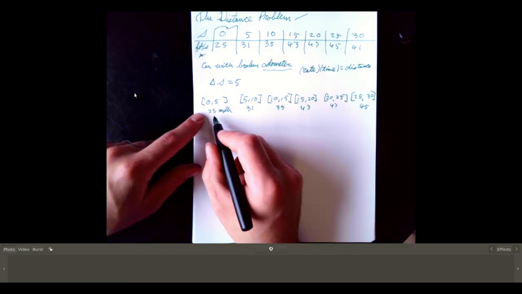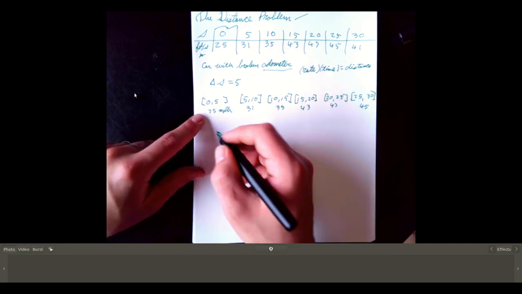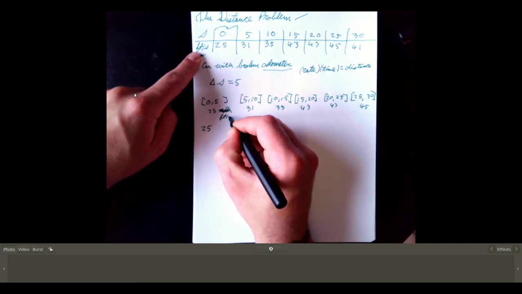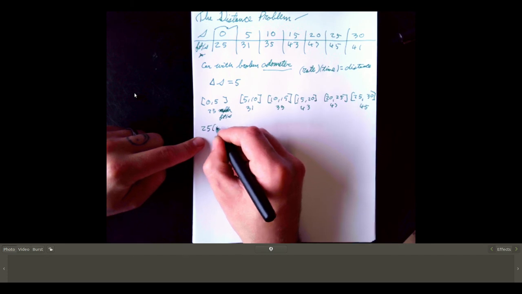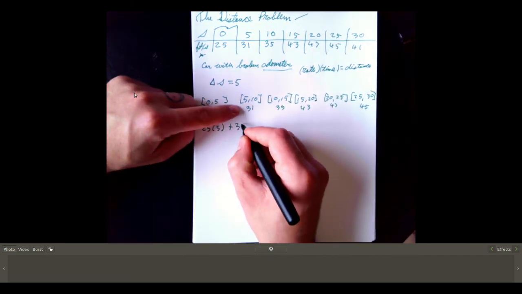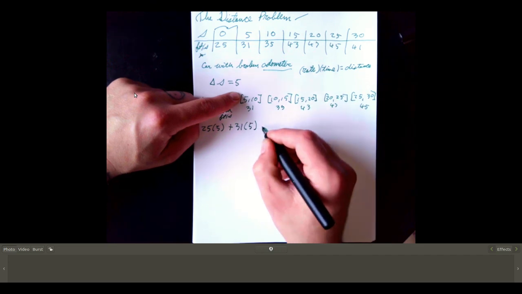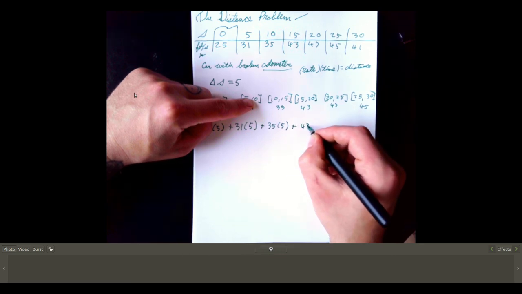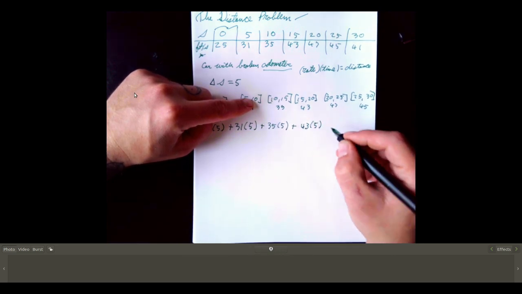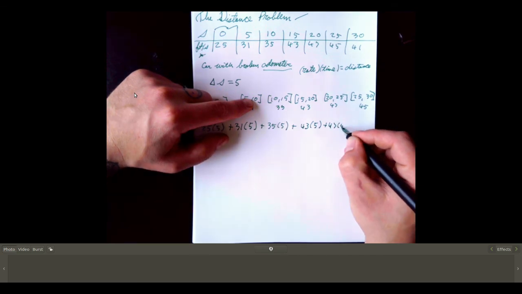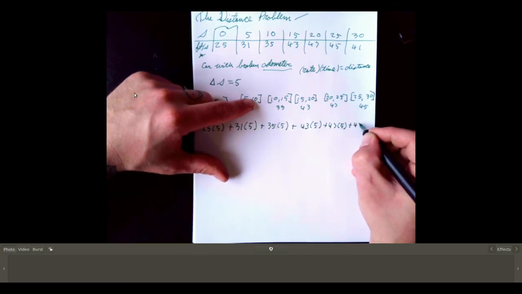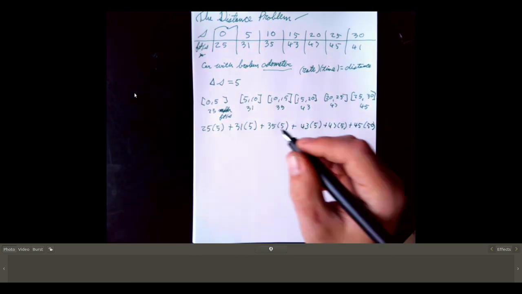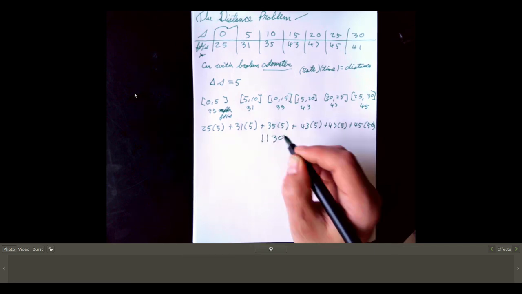On one hand, our rate is 25, not miles per hour, I'm sorry, feet per second. 25 feet per second times 5 seconds, plus 31 feet per second times 5 seconds, plus 35 feet per second times 5 seconds, plus 43 feet per second times 5 seconds, plus 47 feet per second times 5 seconds, plus 45 feet per second times 5 seconds. If you calculate that, that would equal 130 feet.